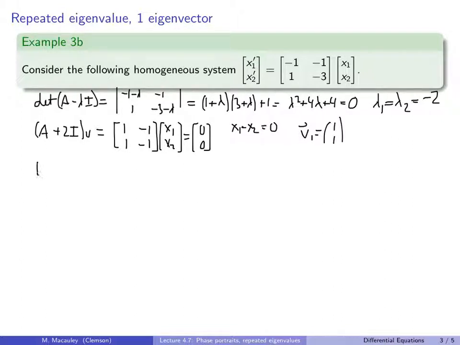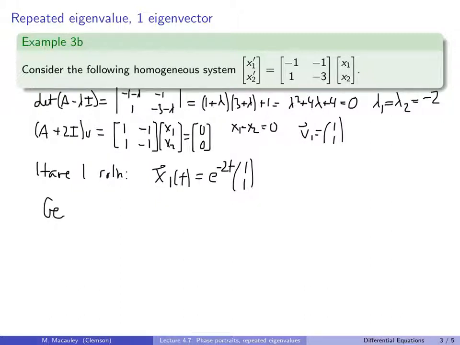So we have one solution, and that's x1 of t equals e to the negative 2t times 1, 1. This is one solution, but we know the general solution.